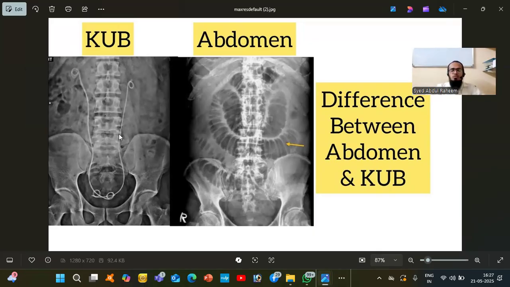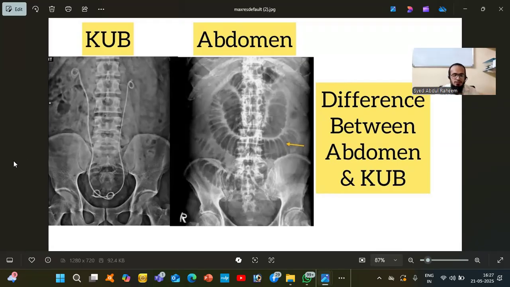X-ray is going to take the picture of internal organs present inside the abdomen. Both show the pelvic region, stomach, large intestine, kidney. Everything is present in that area.